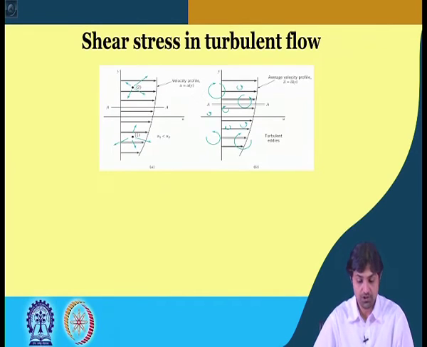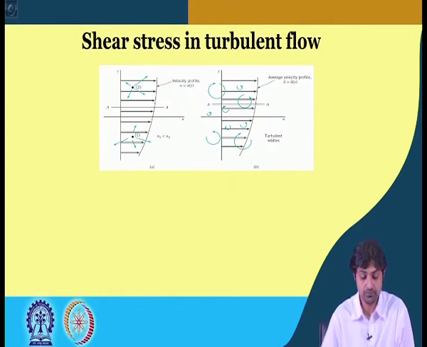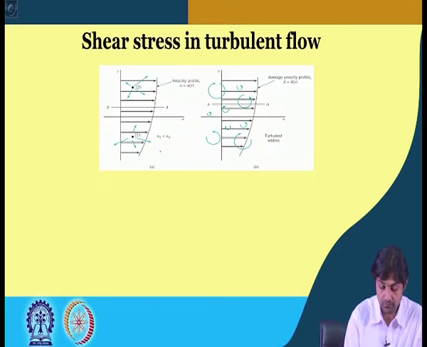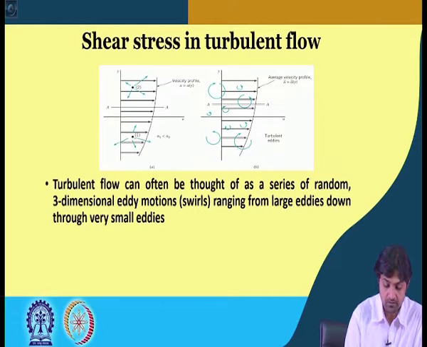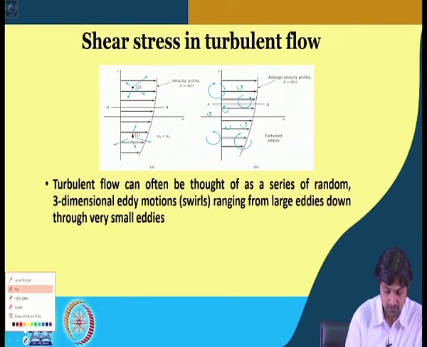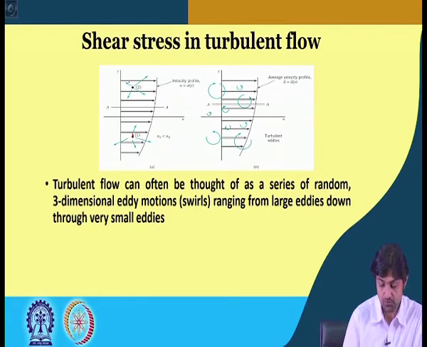Now talking about shear stress in turbulent flow. They represent two sub figures A and B. This represents a particle having random velocities here and at a point 2, and this represents a normal velocity profile, and this represents an average velocity profile.